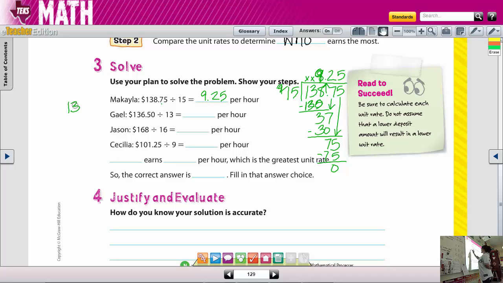Gail is going to be 136.50 divided by 13. This is going to be 1. Finish that one. Gail comes out to 10.50.